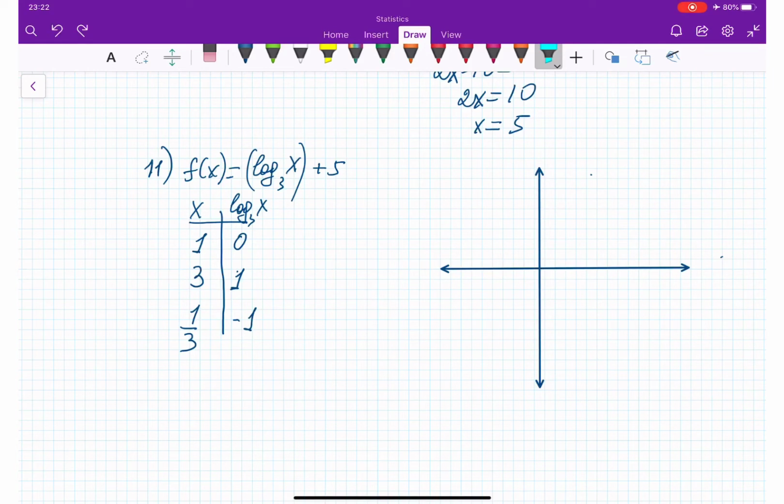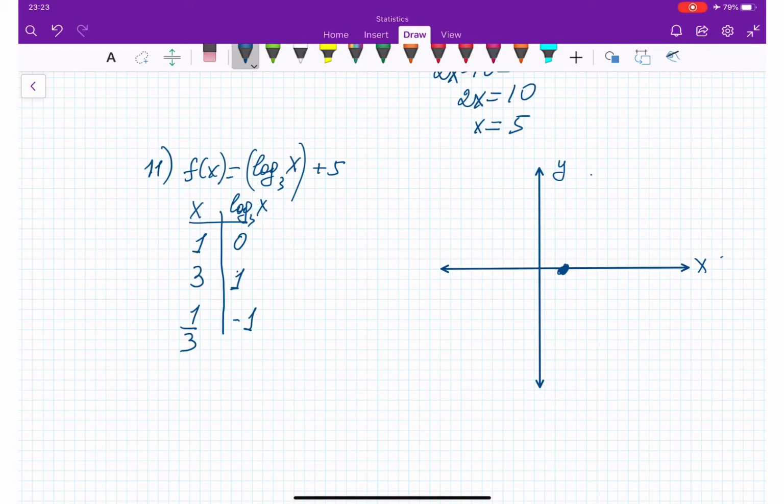All right, so let's see. X is 1. This is our x. This is our y. X is equal to 1, y is equal to 0, which means this is this point. By the way, when we were drawing the exponential graph, it always would cross y at the point 0, 1.